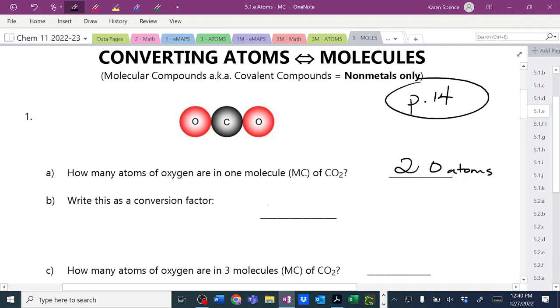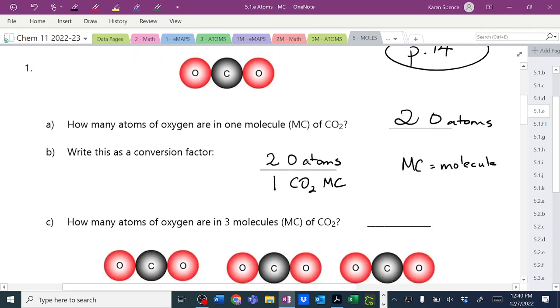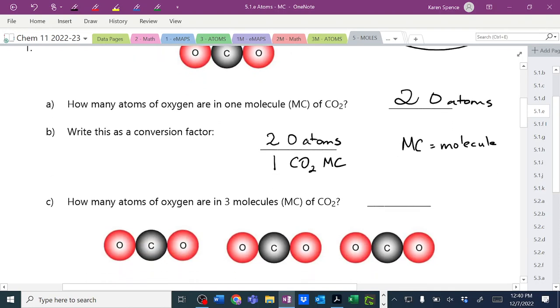There are 2 O atoms for every 1 CO2 molecule. And remember, MC, capital M, capital C, stands for molecule. That's not an official abbreviation, that's a Ms. Spence abbreviation. There is none.